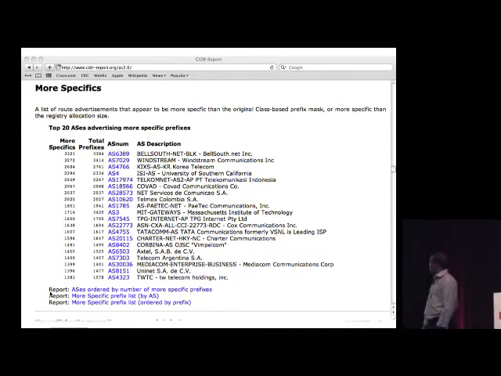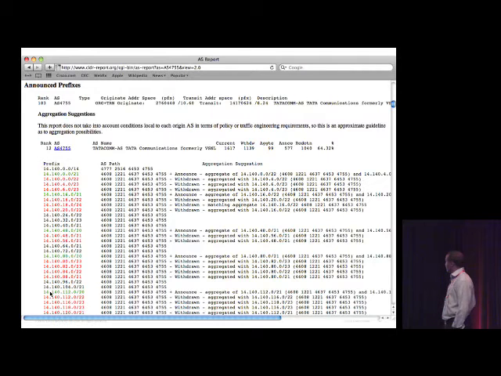Here it shows total prefixes again per AS. And here is a suggestion: for a specific autonomous system, what can be withdrawn and replaced to improve aggregation.